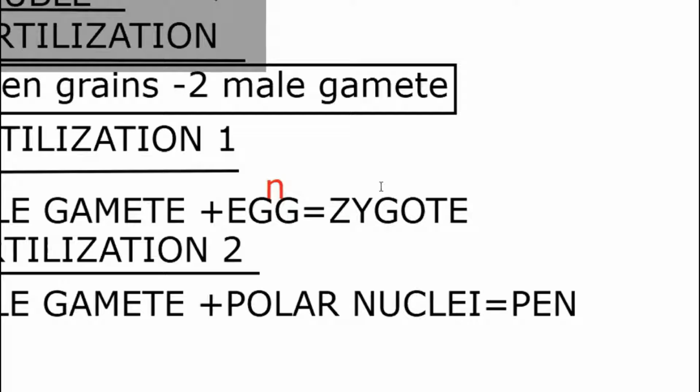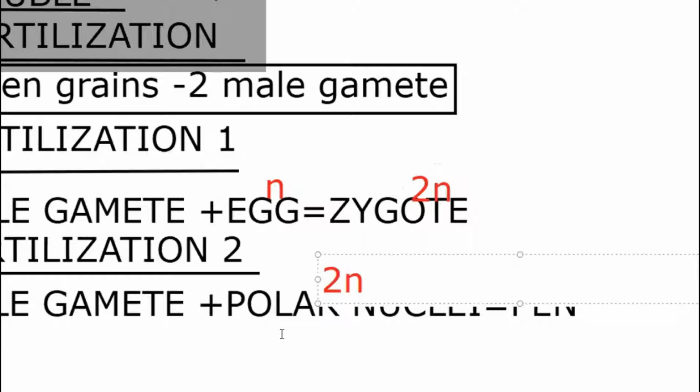The resultant structure, the zygote, has ploidy 2N. The ploidy of the polar nuclei is already 2N, since they reach the center from each pole.